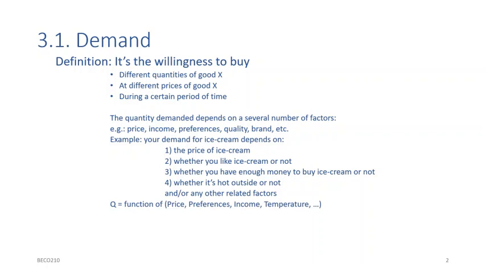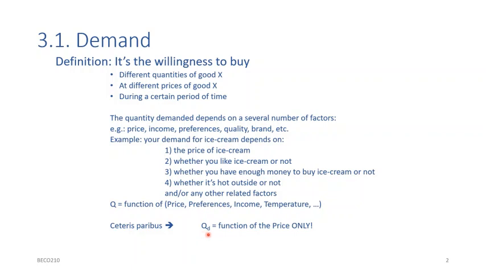So, the demand function depends on several variables: the price, the income, the preferences, the temperature in case of ice cream, and many other factors. Ceteris paribus, check this concept in chapter 1.